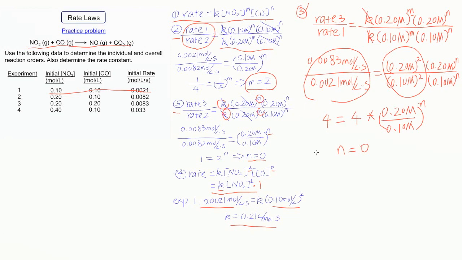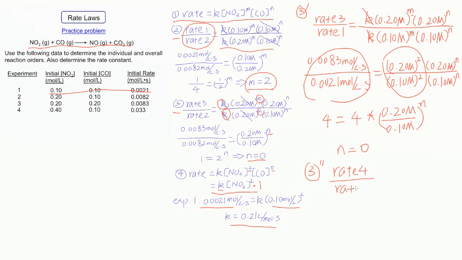Okay, after you get one of the reaction orders, you can take either one of the 2 experiments to get the other reaction order. For instance, another way, 3 double prime, is to take the ratio between experiment 4 and experiment 3, and you can try it.